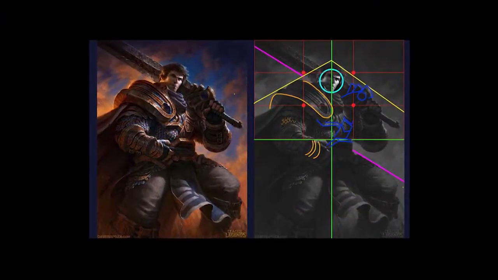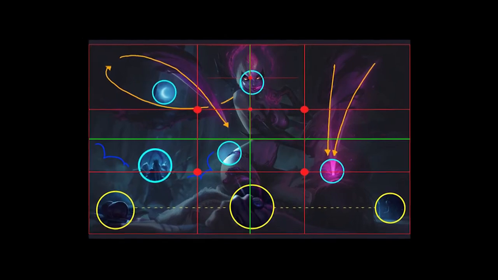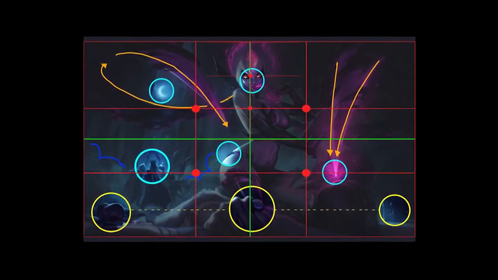So that's a lot of in-depth knowledge to take in, but it's very useful understanding how to guide the viewer on a subconscious level. It's one thing to draw pretty images and make it look good, but having an intentional underlying structure that prompts your viewer to see it in a way that you want them to see it, I think is where the amateurs are separated from the professionals.